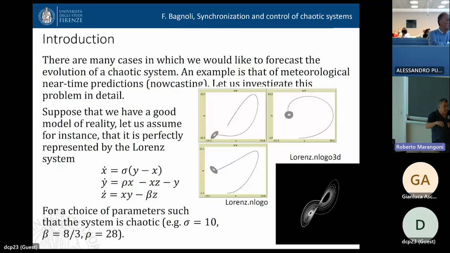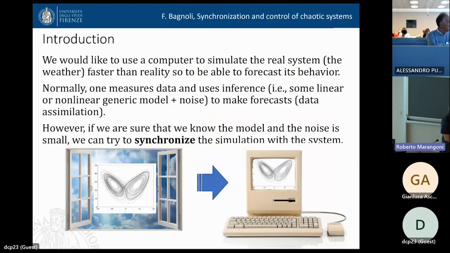You put your components there, but you are not sure that the capacitor has exactly this capacitance, or the resistors exactly that value, and so on. So you have these two problems. This is more or less the idea: to have a simulation system synchronized with the real system.